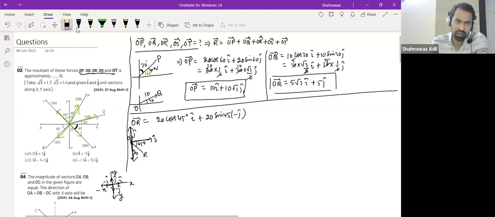Is this part clear to you? Yes. Yeah, is this clear to you? Yes, why this is minus J? Is this clear to you? Yes. Yes, sir, clear. Should I go ahead?